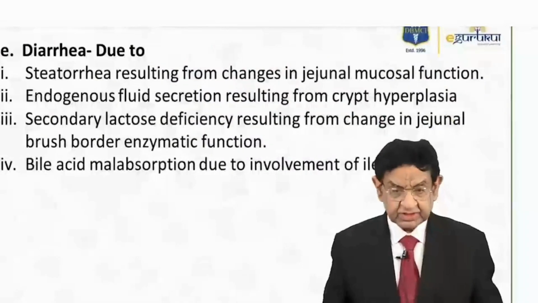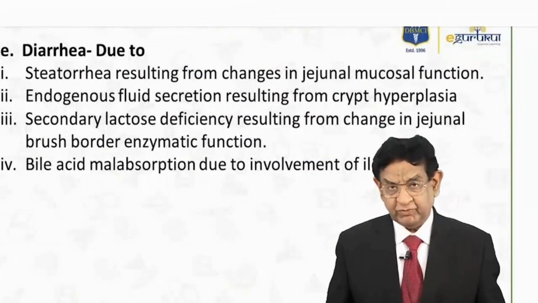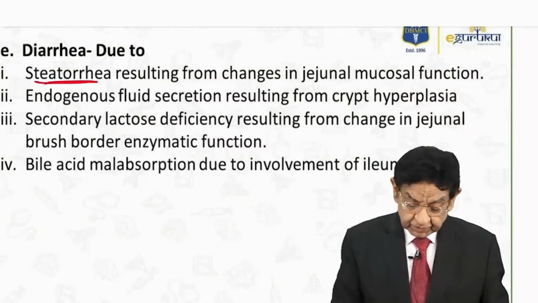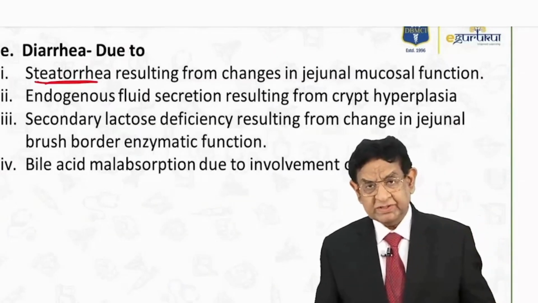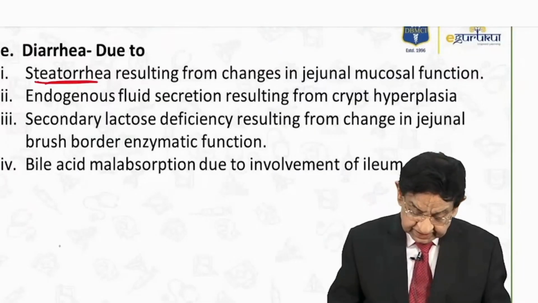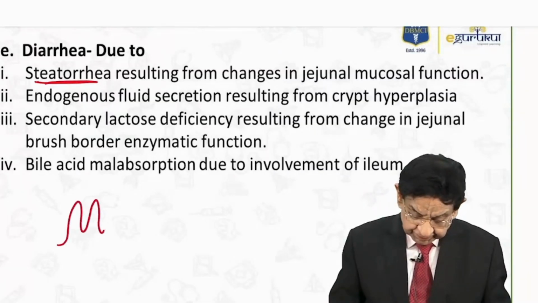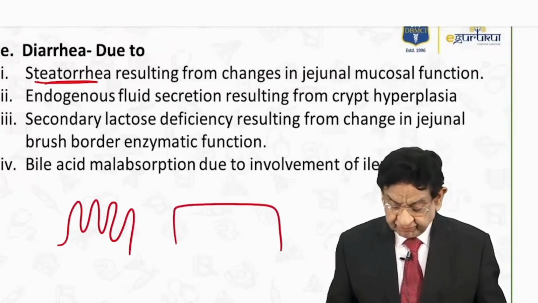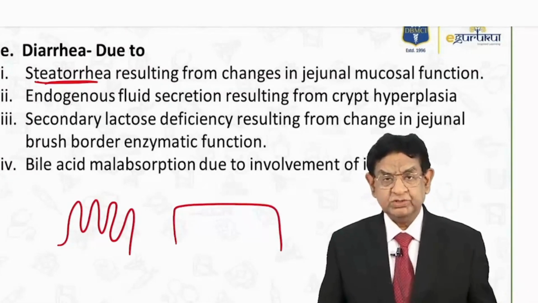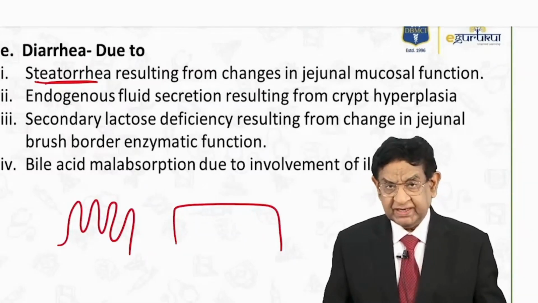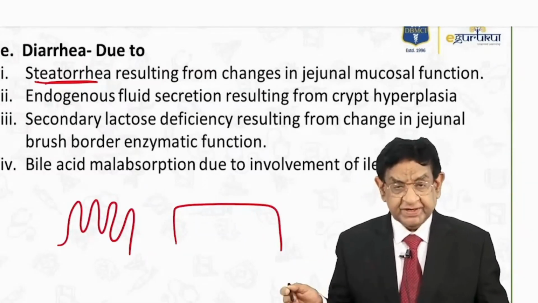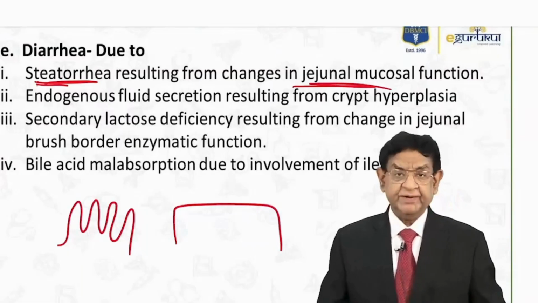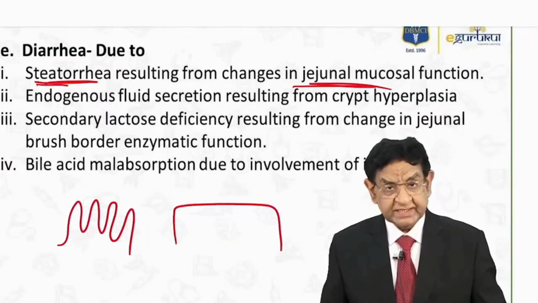Now let's talk about diarrhea, why diarrhea happens. Steatorrhea, why? The basic pathology here is that the villi get atrophied and become flat. So there is loss of villi, and loss of villi will lead to diarrhea and steatorrhea, because the jejunum is the site where fat is digested and absorbed.